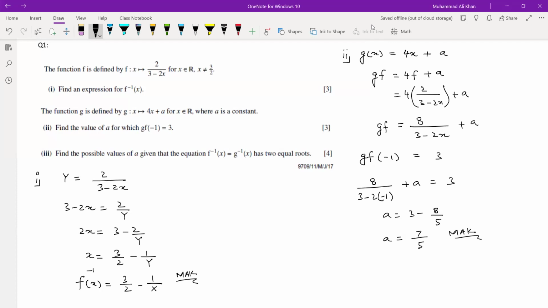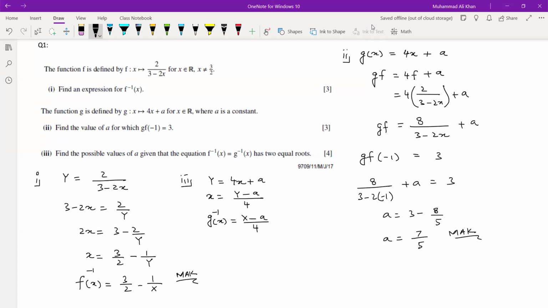Now, after that, in the third part, they are saying f inverse equals to g inverse. So we have f inverse, but we don't have g inverse. So first calculate g inverse. So y equals to the function g, 4x plus a. For inverse, can I say that x equals to y minus a upon 4? Once x is the subject, it is the function of g inverse, x minus a over 4.